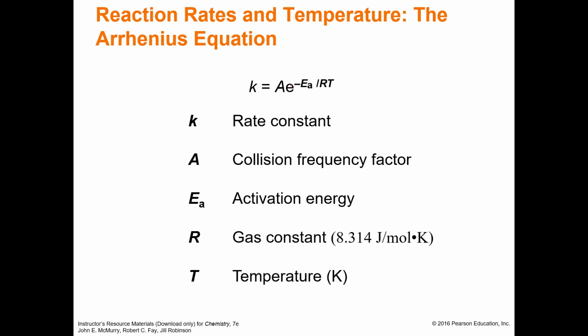There's a button on your calculator for that, to the negative of the activation energy divided by the gas constant times the temperature. Now the gas constant is not the same one that we use for the gas laws. The gas constant in this case is 8.314 joules per mole times Kelvin. You don't have to memorize this, you will be given this value.